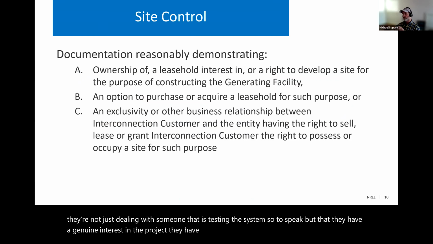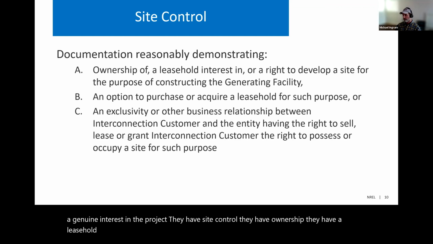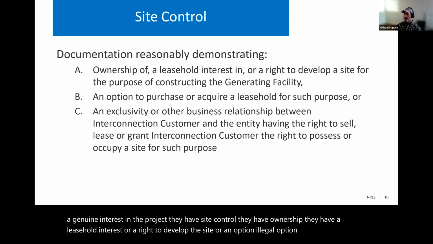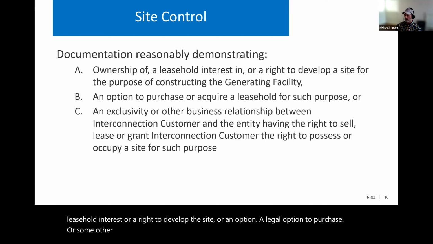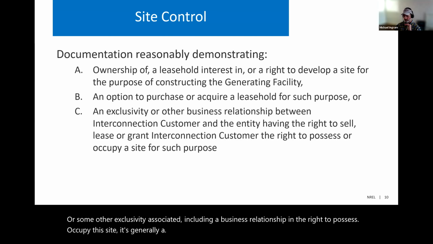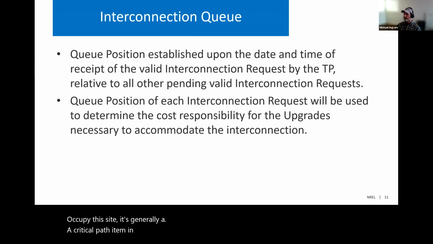They have ownership, a leasehold interest or a right to develop the site, or a legal option to purchase, or some other exclusivity, including a business relationship and the right to possess and occupy the site. It's generally a critical path item in the process.